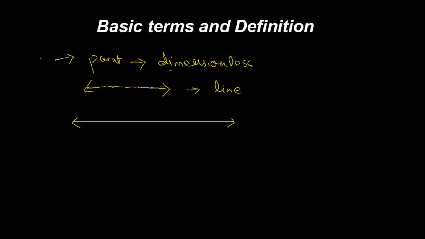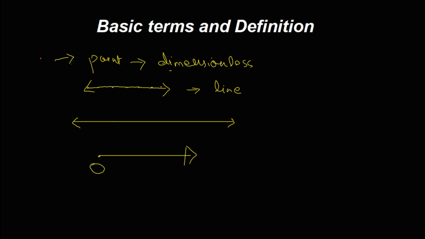Now this is a line, and since the arrows show that the line can be extended infinitely in both ways, suppose I consider any point on the line here, then this line will take this form. If that particular point is marked like this, it will be an arrow here. Let me name it as point O.